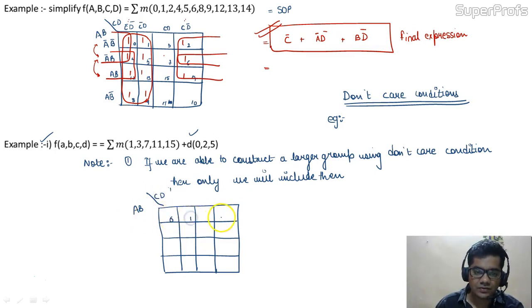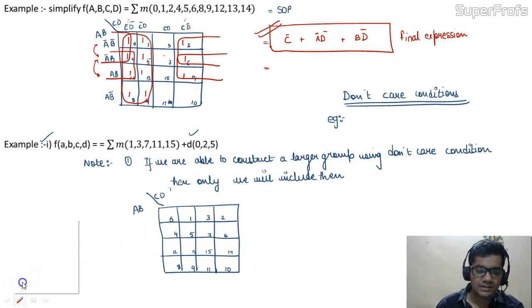The minterms are 0, 1, 2, 3, 4, 5, 6, 7, then 8, 9, 10, 11 and 12, 13, 14 and 15.